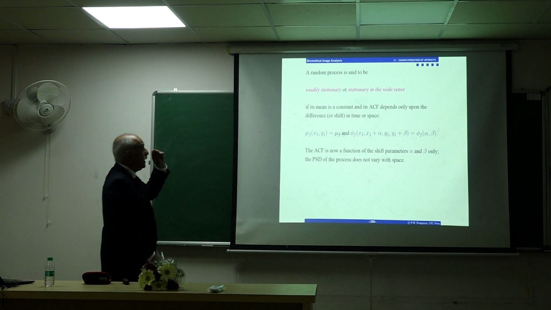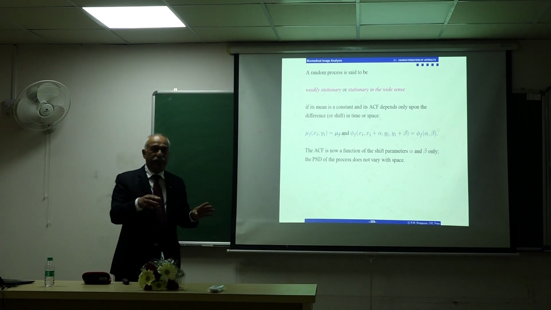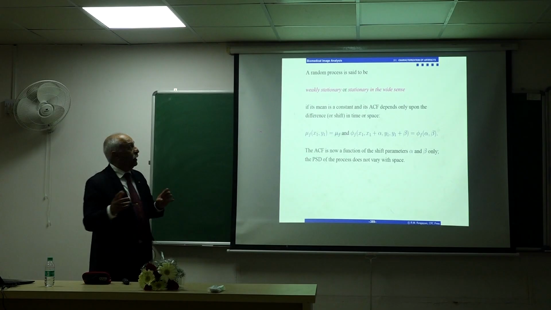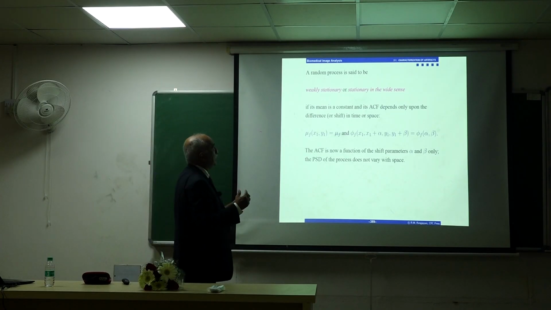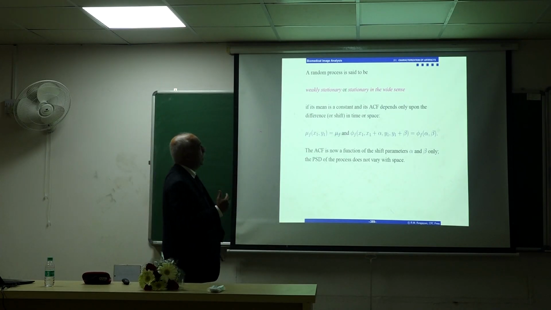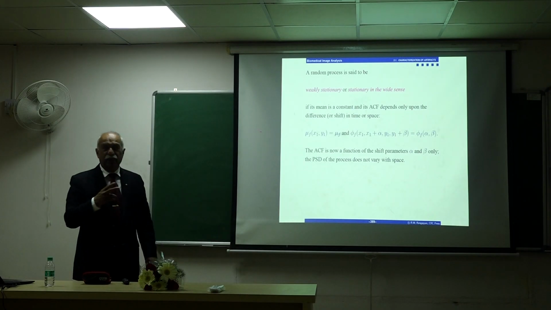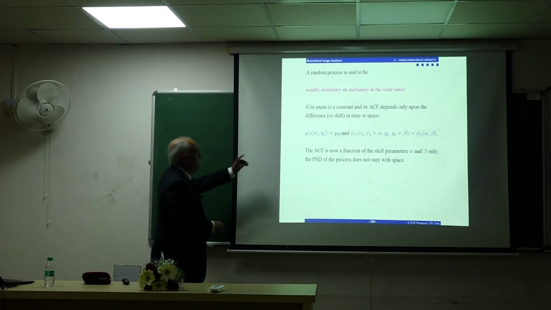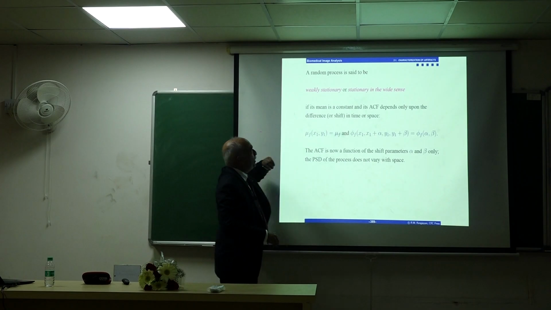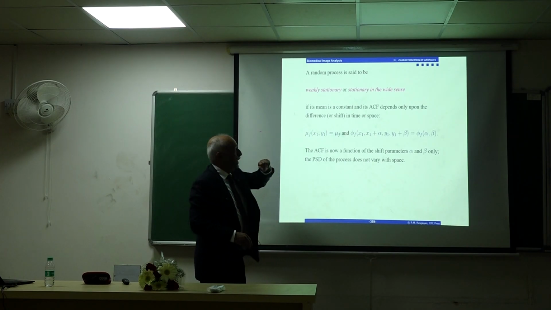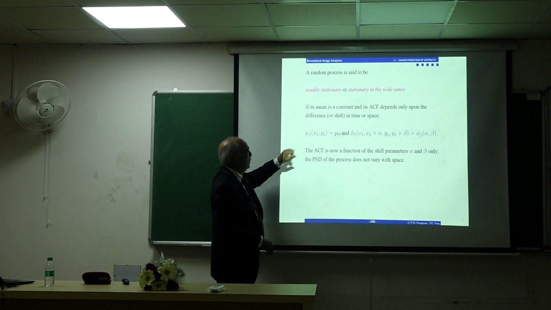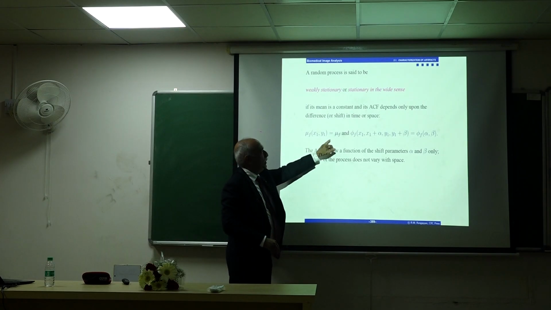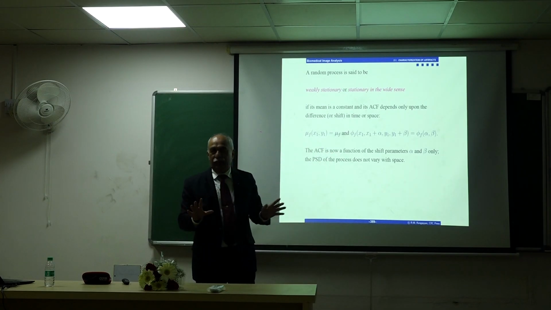If those are not changing with a shift in time or space, then the process is called weakly stationary, or stationary in the wide sense. If the mean is constant and the autocorrelation depends only upon the difference or shift in time or space. So mu_f(x1, y1) is simply mu_f. It does not depend on x and y.